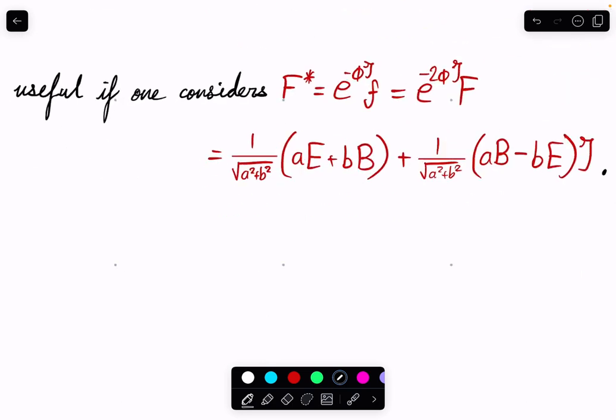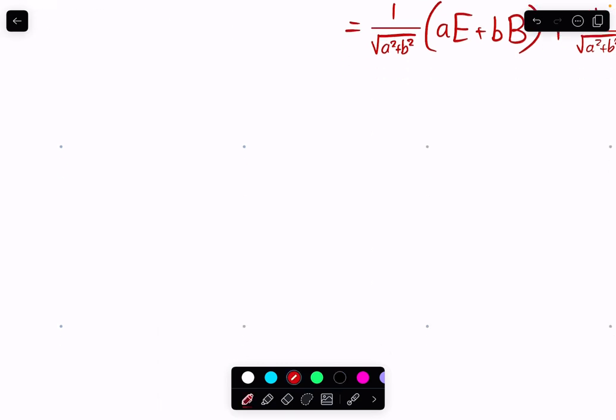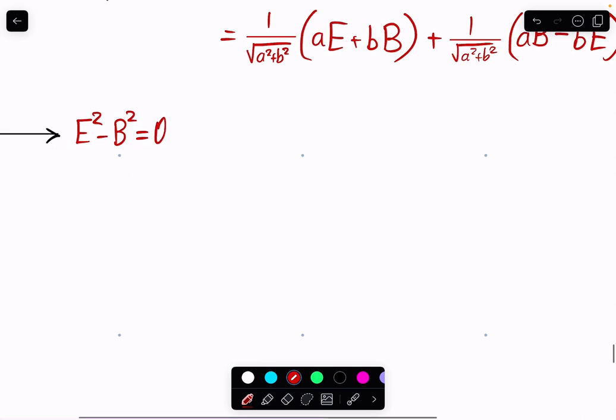Now, using this, you can consider different options. So if you have a as being equal to 0, then this is equivalent to saying that e squared minus b squared is equal to 0. Otherwise said, the Lagrangian density vanishes.